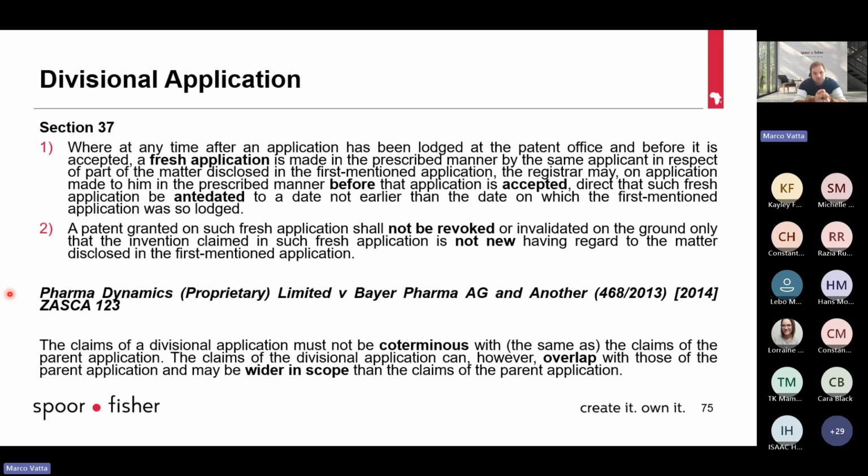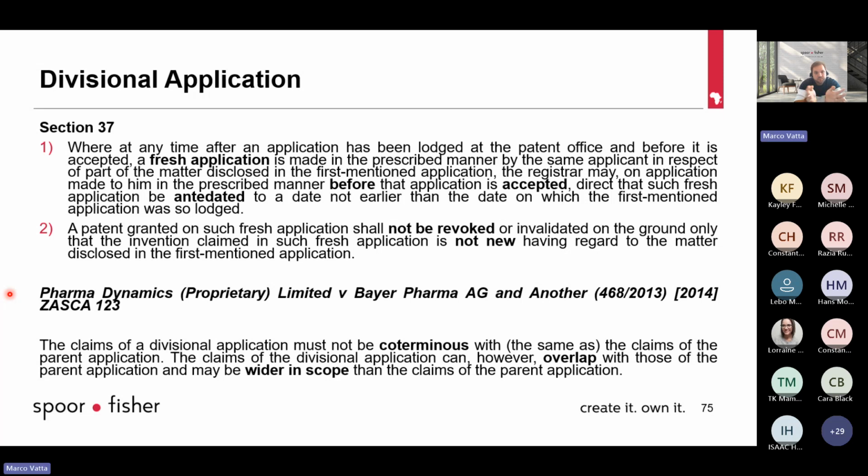So if we look at the pharmaceutical example, the description, the background of the invention, all of that will be the same for the parent application, being the first filed application that discloses both, and for the divisional application. And you will then file different claims for the divisional application so that you focus on one embodiment that you're wishing to protect.